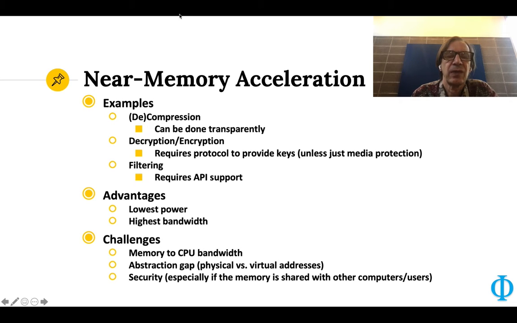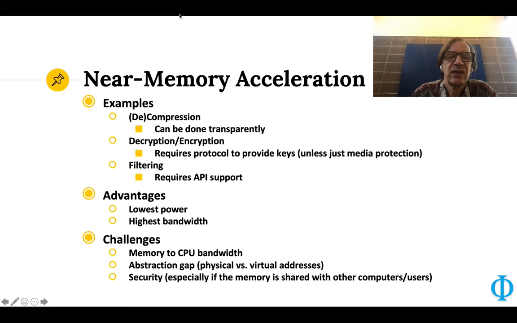You will not be able to beat the power compared to the case where the content of memory has to be transferred to a CPU. And also, of course, at those locations, you have the highest memory bandwidth available.